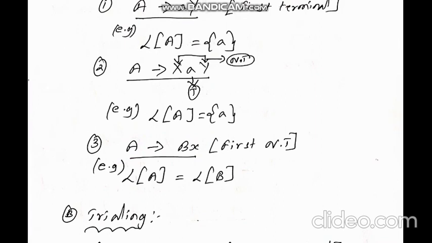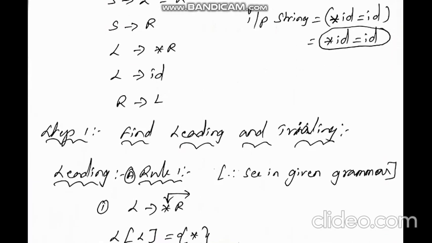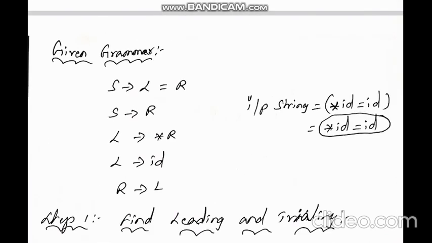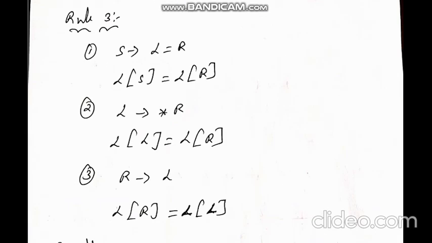This is rule number 3. So in this rule number 3, you can check it, the maximum number of things can be adopted. S tends to first non-terminal L, and you can check it over here. Everything is matching. Everything is almost matching. So we are going to take all this and apply rule number 3.